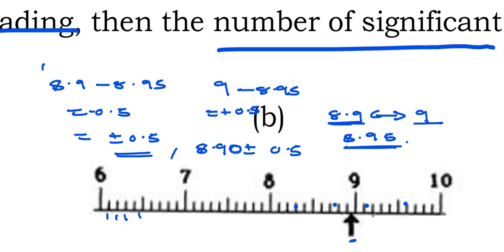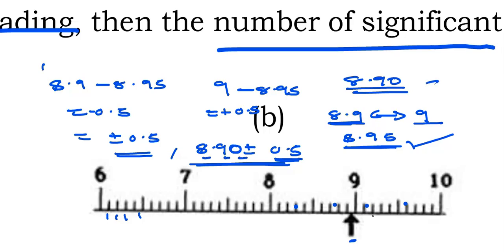Because 8.95 has 3 significant figures. So we have shown the uncertainty part, and we have also shown the answer. The exact measurement is 8.9, we are using 8.90. Then the significant figures we can count: 1, 2, 3. We have 3 significant figures.